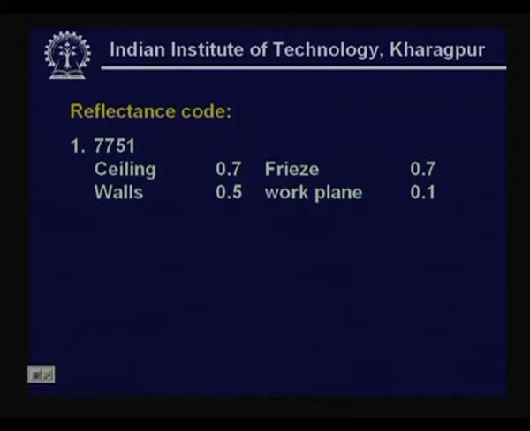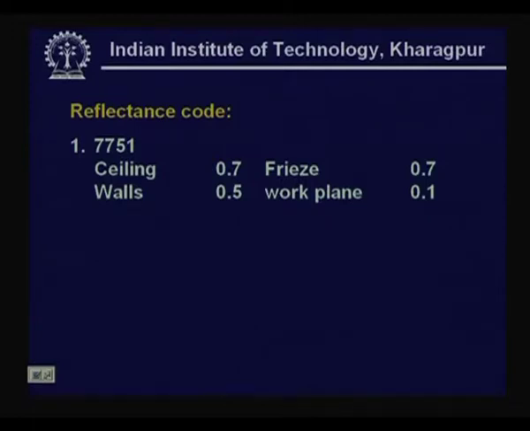which considers that there is a frieze. That means the lamp is suspended from the ceiling, and ceiling and frieze have a reflectance of 0.7. That is very good. Most of the light is reflected back.